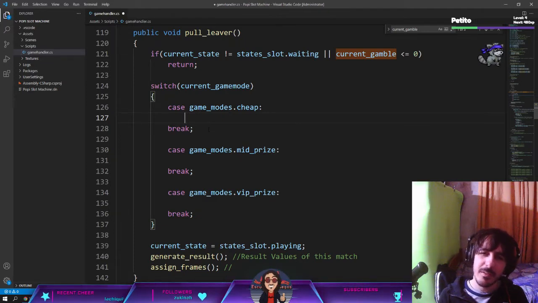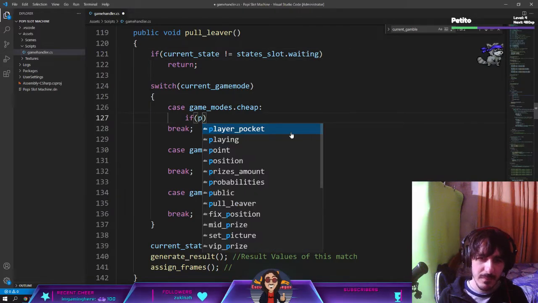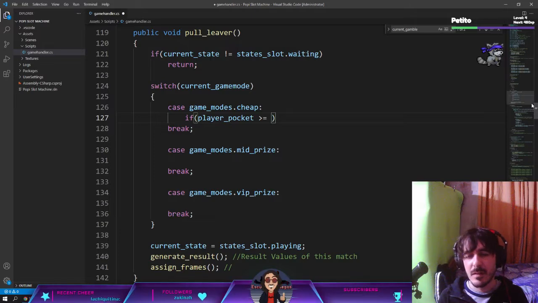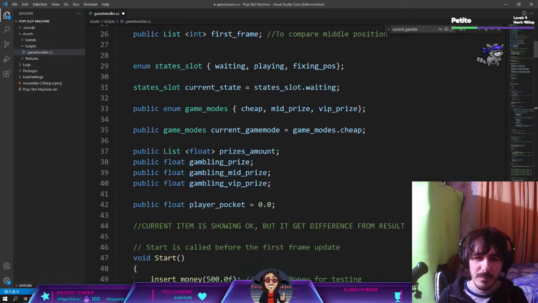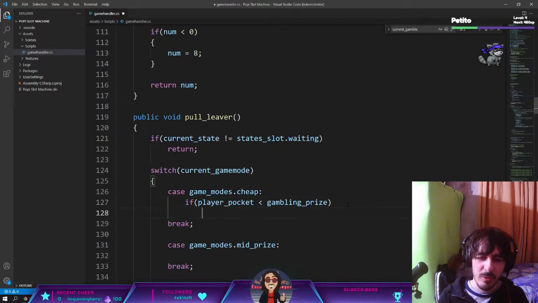Now what I'm going to do is try to understand if the player currency can afford this gambling situation, or gambling price. If it's minor to gambling price, I need to return.